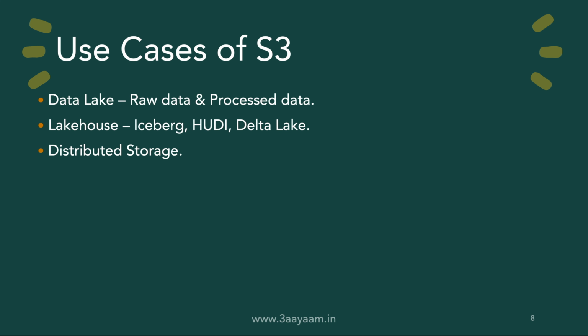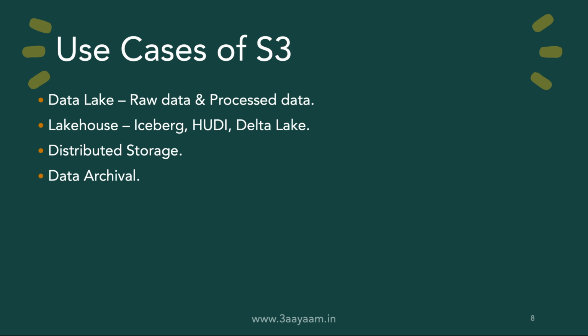So those servers where the data are stored are called data nodes, and there's a metadata server which is called name node. So S3 can be used as HDFS also, but there's a lot more than HDFS. It is not a replacement of HDFS. So you can think of HDFS as a subset of S3, or S3 is the superset of HDFS.